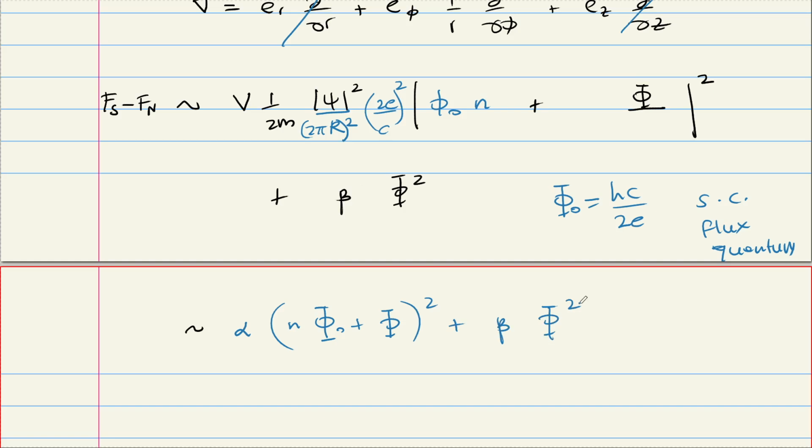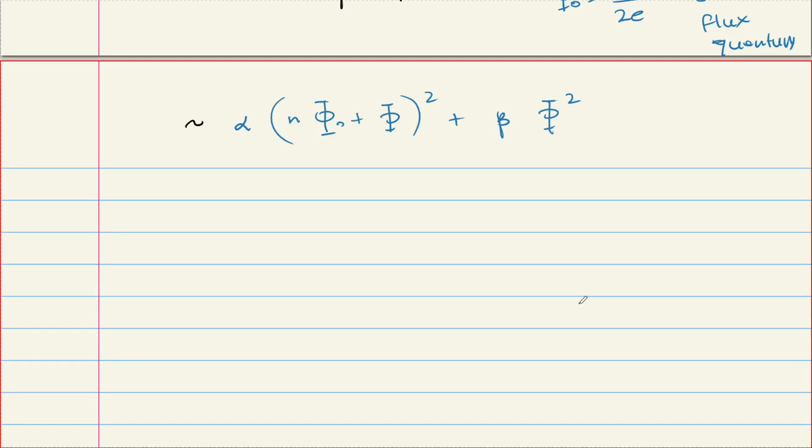And how do we plot a function like this? A parabola, right? The shift. Exactly, a parabola, but the dip of the parabola is at n times phi naught, and n can be 0, plus 1, minus 1, plus 2, minus 2. So let's draw this and see how it looks.